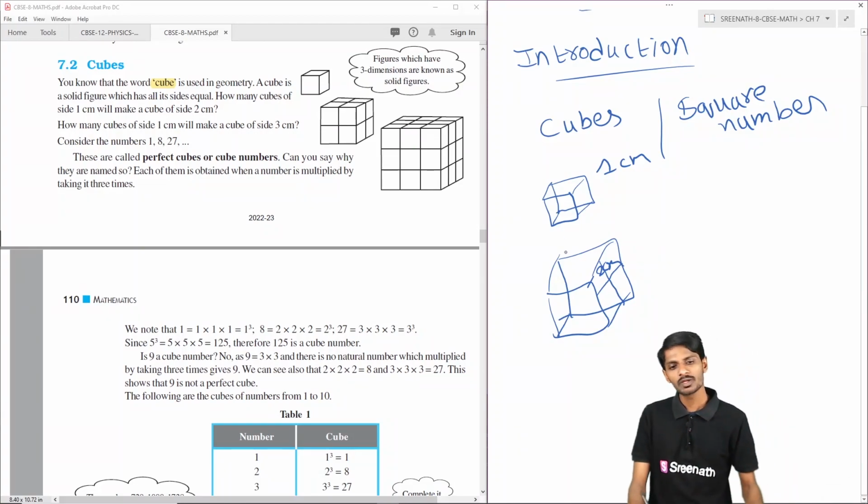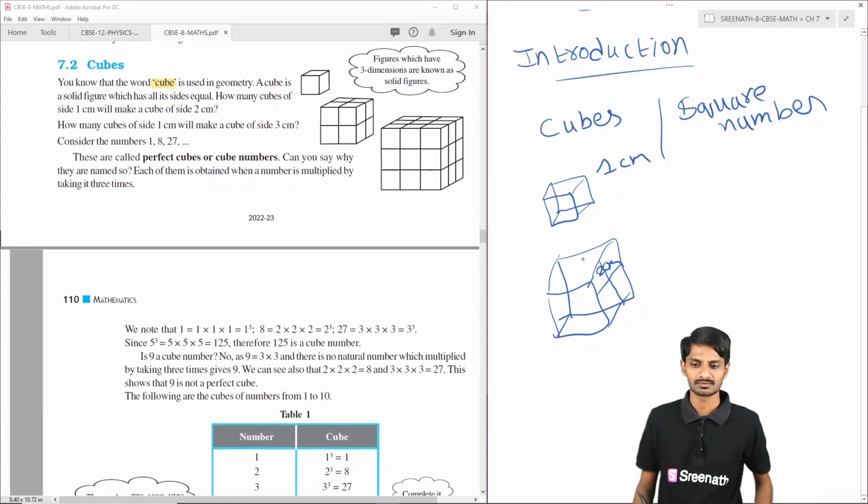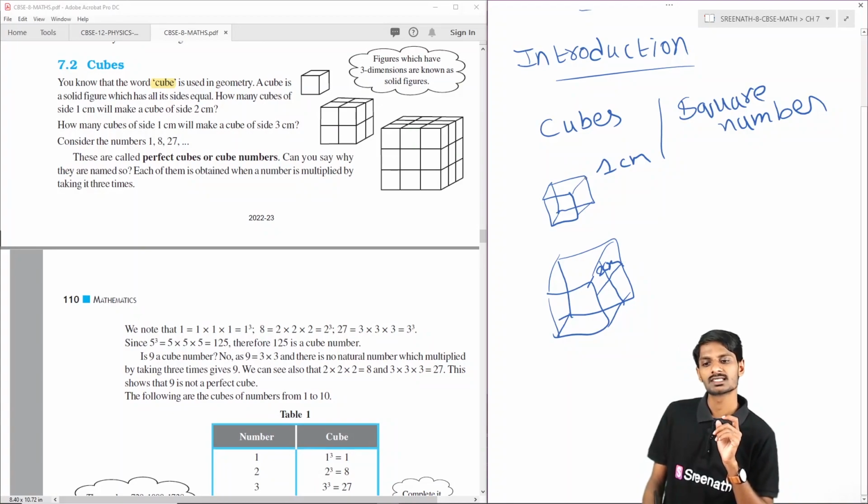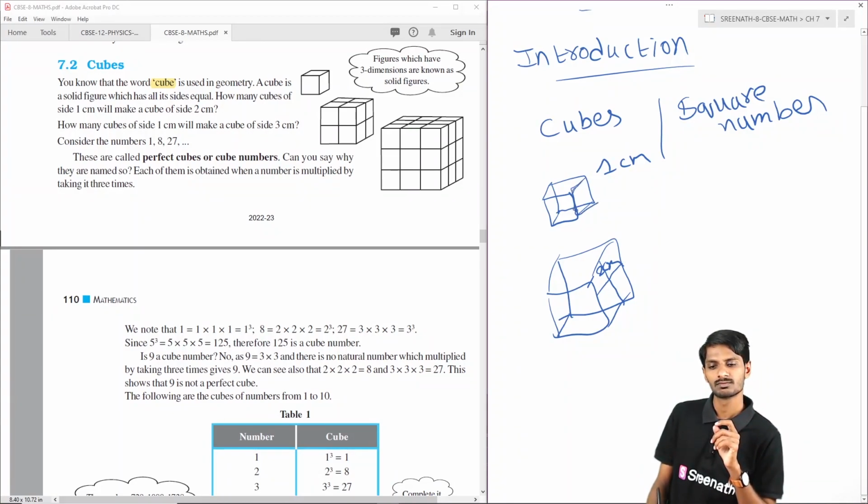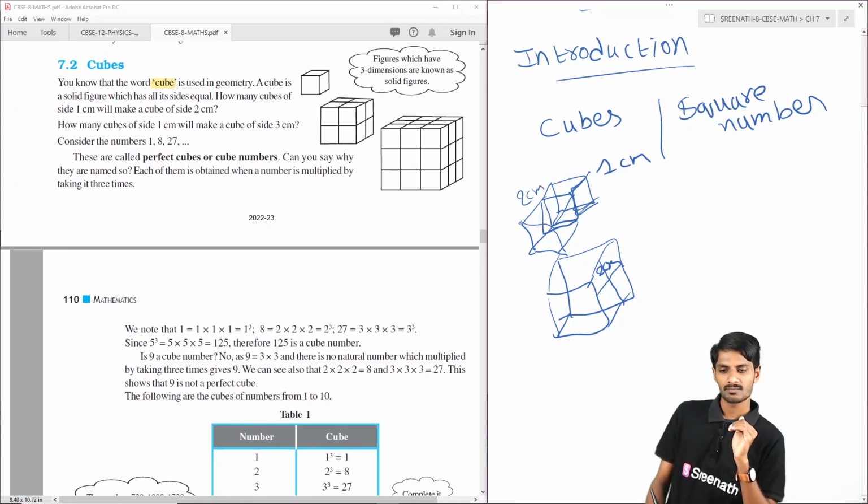So how many cubes we require, students? If it is a cube whose side length is 1, and you place another cube here, the side length becomes 2 centimeters. Okay, so again you have to place another cube here.